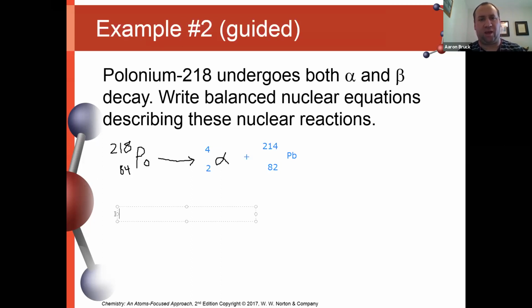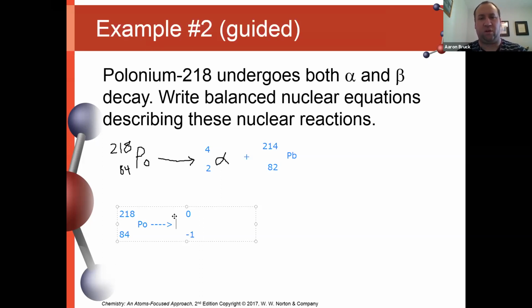Now for the beta decay, I could do the same thing, 218 and 84 for my polonium undergoing beta decay. The mass number for the beta particle is 0.